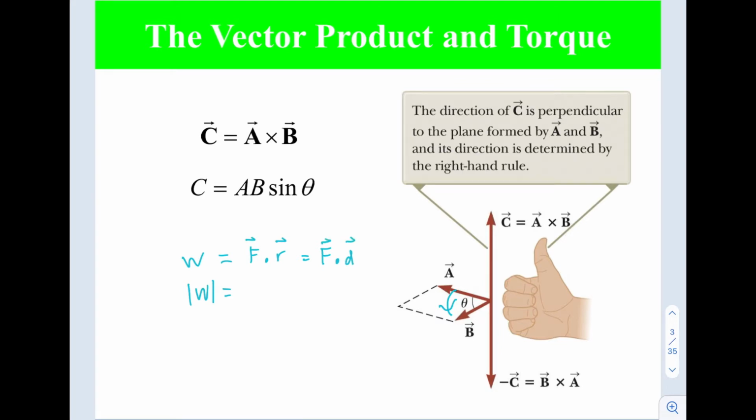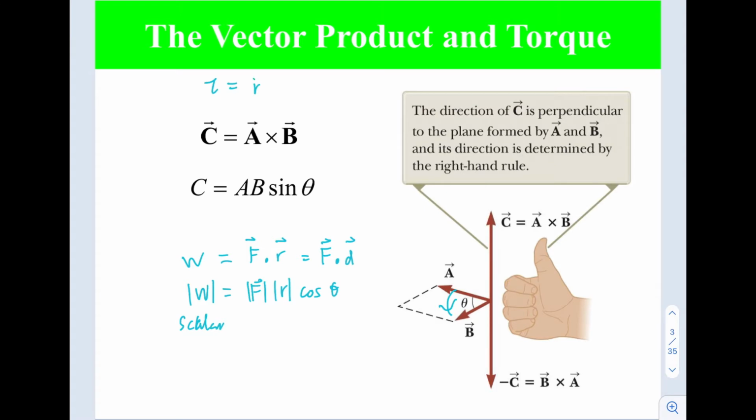The magnitude of work done, where F is a vector and r is a vector, or you put it as d, is the magnitude of F, the magnitude of r, cos theta between them, isn't it? And work done is only a scalar quantity.